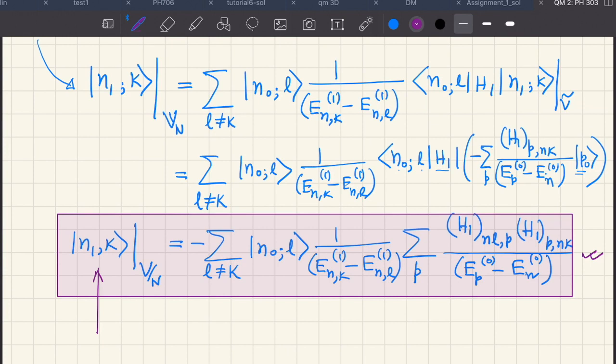Because we have this object sitting here, H1 NLP H1 PNK, the matrix element in the numerator, which is second order in perturbation. So how come we get a first order term N1K on the left hand side that seems to retain a second order term in the right hand side?